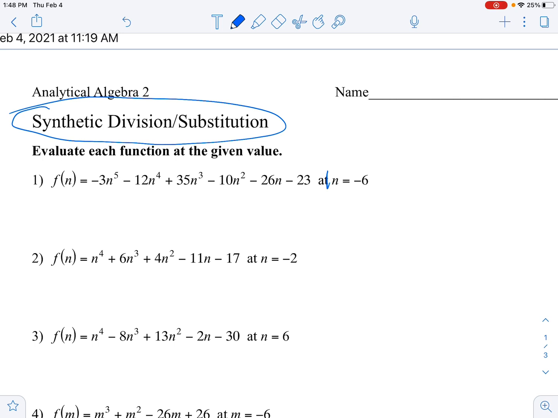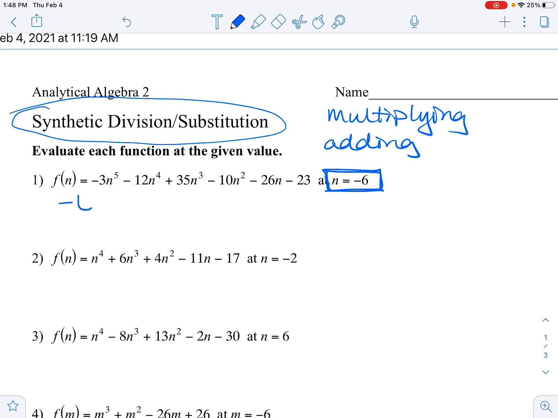We're going to be multiplying and then adding. Now, always the divisor, that's what this is, the divisor, is going to go inside the box. Now, the one trick you have to pay attention to is that each one of these is in descending order. So look at the exponents: 5, 4, 3, 2, 1, 0.